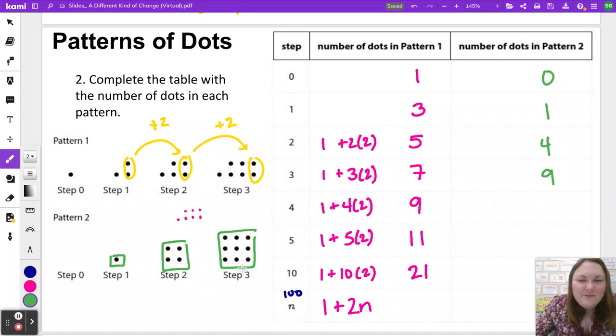How many do you think we would have in step 4? Well, step 4 would be 1, 2, 3, 4, 5, 6, 7, 8, 9, 10, 11, 12, 13, 14, 15, 16. I would have 4 on each side of that square. And so we would have 16 there.